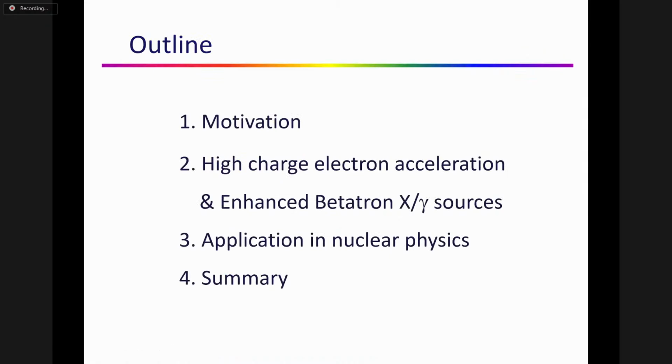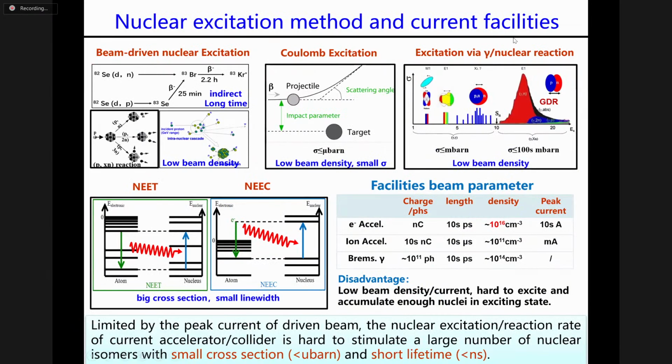Okay. So we use this kind of high charge accelerated electron beam for nuclear excitations. For nuclear excitation, we have the beam-driven nuclear excitation and the Coulomb excitation, excitation via gamma nuclear reactions, or nuclear excitation through electron capture.